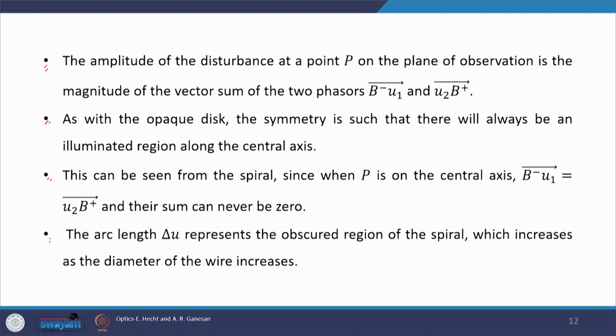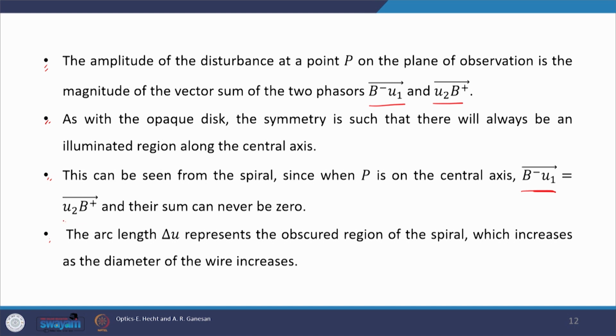The point number 1 says the amplitude of the disturbance at a point P on the plane of observation is the magnitude of the vector sum of the two phasors b minus u1 and u2 b plus. If you add up these two phasors vectorially, this will give us the resultant irradiance at the point of observation P. As with the opaque disc, the symmetry is such that there will always be an illuminated region along the central axis.